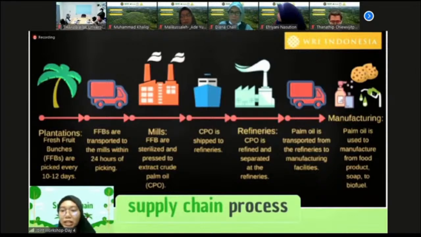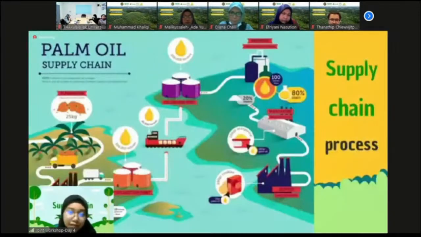Later, the palm oil will be distributed all over the world to manufacturers. Both palm oil and palm kernels are used by the manufacturing industries, such as the food industry, for biscuits, cakes, ice cream, margarine, mayonnaise, and the cosmetic and detergent industries such as soap and detergent, and the chemical industries such as paint, grease, and even the livestock industry for meat products.